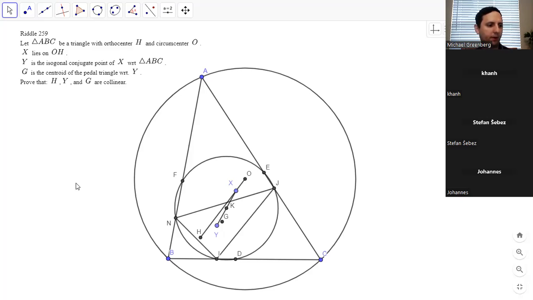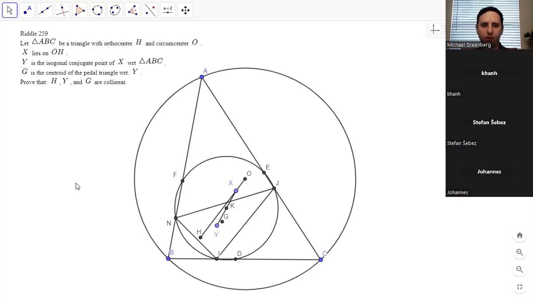So we could spend another 5 minutes on it, and then I could switch to another problem. Oh, so Y traces out the Jerabek hyperbola.